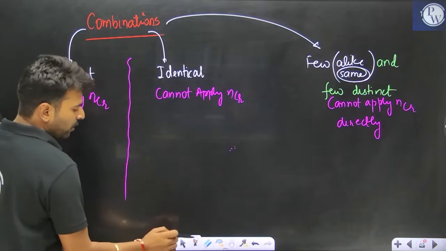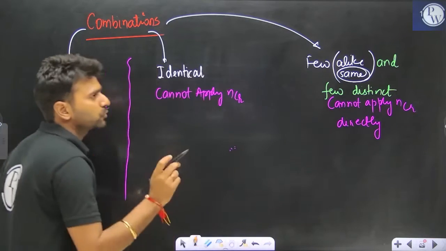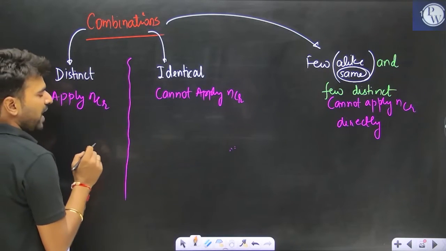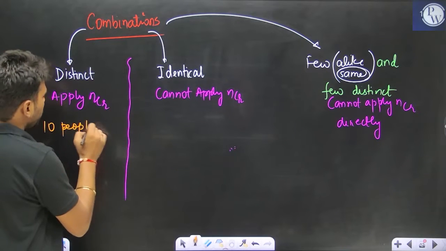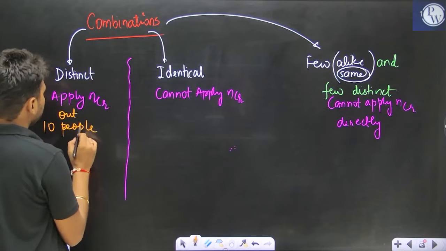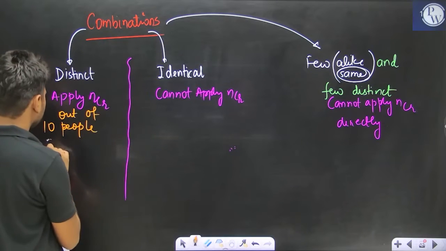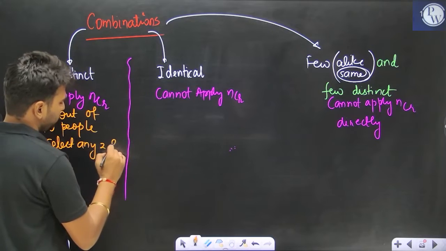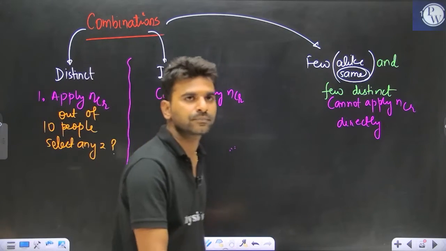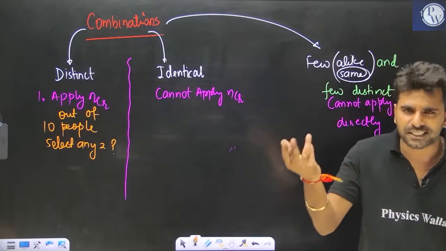Whenever the objects are given distinct to you, let's say I have been given 10 people and told to select any 2. In how many ways can you do that? Now we know that people are distinct. Yes or no?